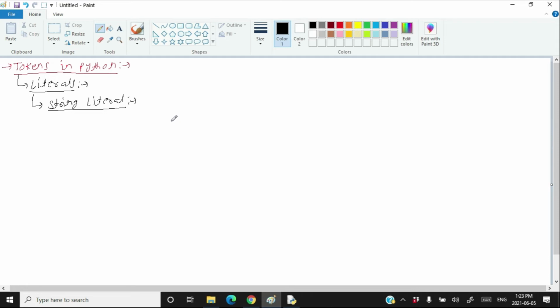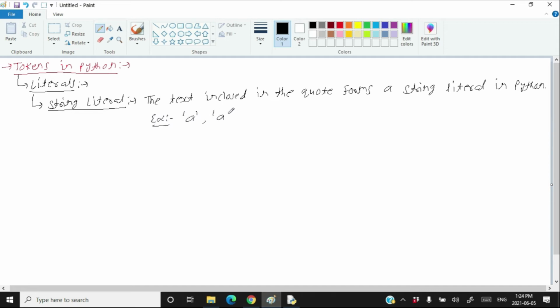The text enclosed in the quote forms a string literal in Python. For example, 'A', "ABC", and the text can be enclosed into either single quote or double quote. That doesn't matter. All are strings.